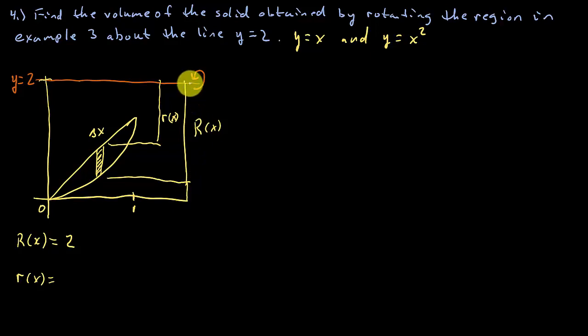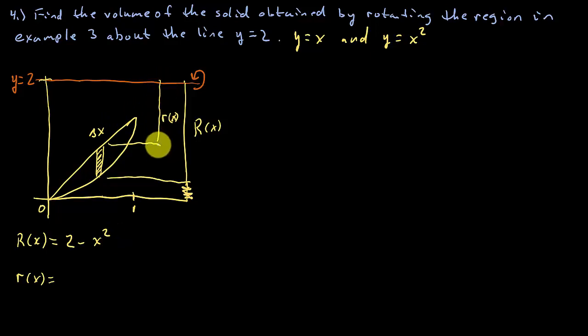But I only need the distance from here to here. So I need to subtract off this distance. Well, what's the distance from here to here? Well, that's x squared.